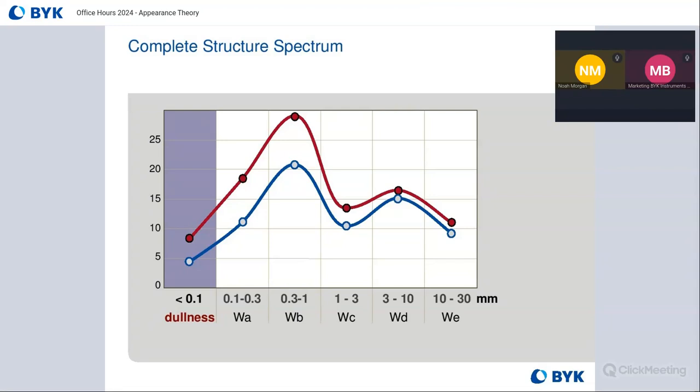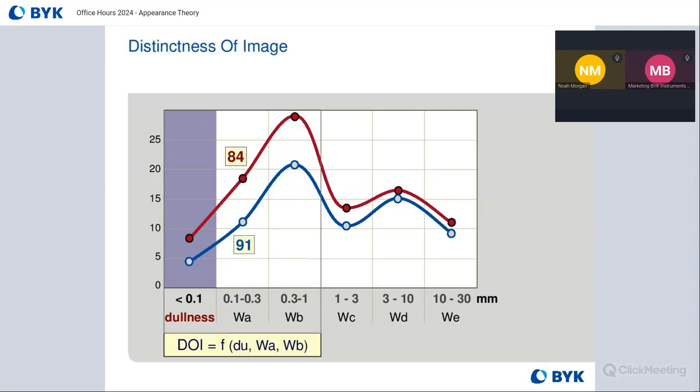So it's an important thing for DOI measurement specifically because it's part of the calculation for DOI and distinctness of image. But we can't see it with our eyes. And it's almost like a separate measurement or a separate scale that's able to determine what that DOI will look like.